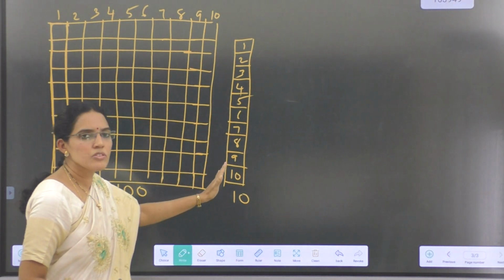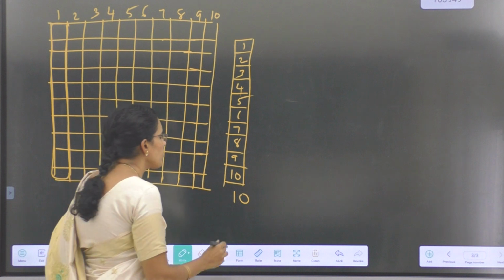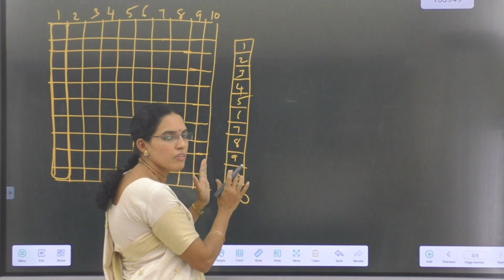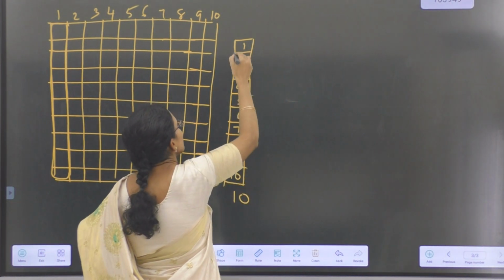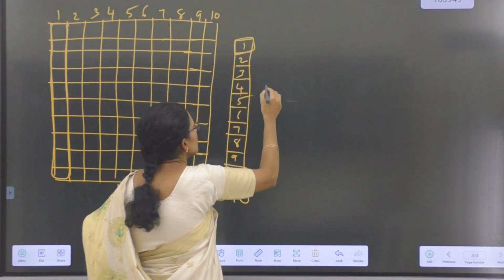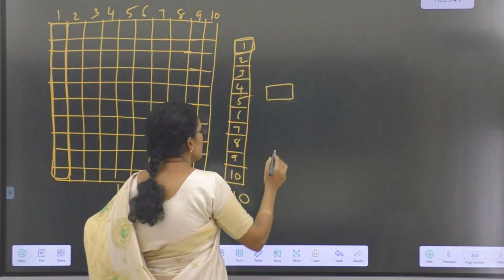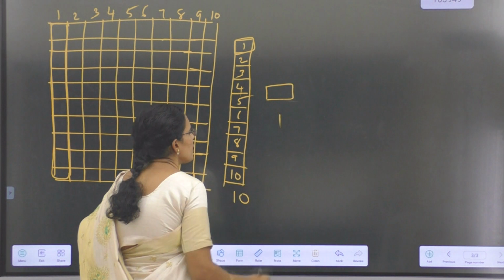Now these 10 chocolate bars, further I am dividing into 10 parts. If I divide it into 10 parts and consider one out of those, then I will get one chocolate bar.